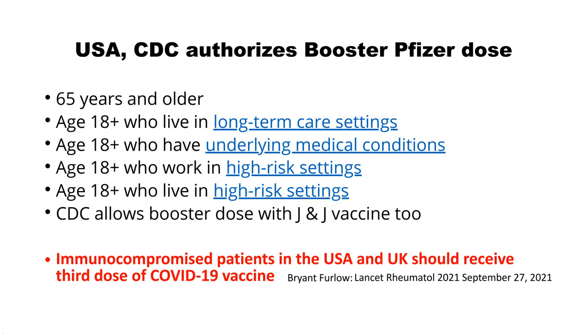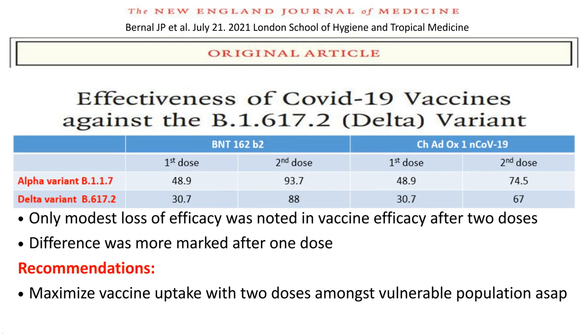Recently, the USA CDC has authorized booster doses for certain age groups and certain persons with high risk, and this has been also permitted both for Johnson & Johnson as well as for Moderna. In the past, it was indicated that one dose would give less protection than two doses, and it was encouraged that we should complete the doses as soon as possible.